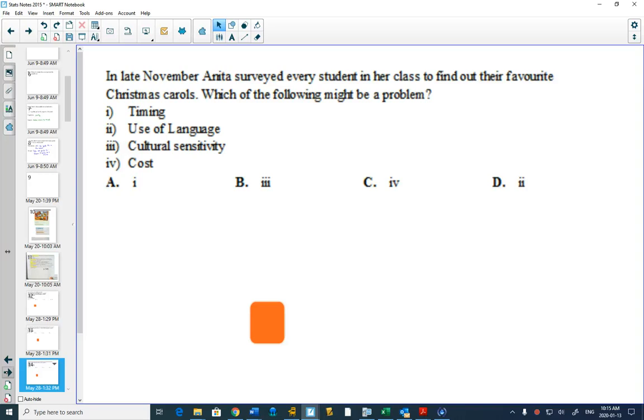What do you think the problem with this survey would be? Cultural sensitivity, right? Not everybody sings Christmas carols or celebrates Christmas in that same way. The Christmas carols in themselves are fairly connected to religion, so this one wouldn't be culturally sensitive.